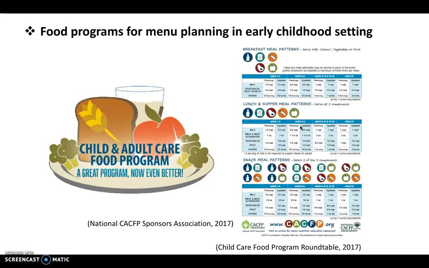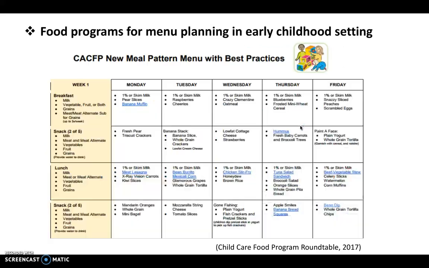This program is continually reviewed and updated, so this is an example of the new meal pattern menu. And by using this evidence-based program, teachers will be able to meet National Quality Framework 2.2, which expects healthy eating and physical activity to be embedded in the program for children.